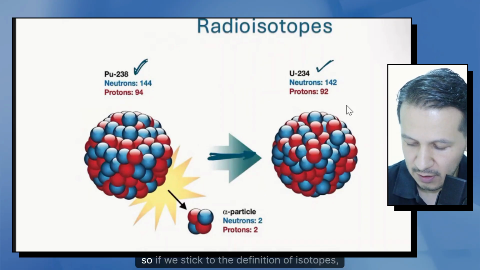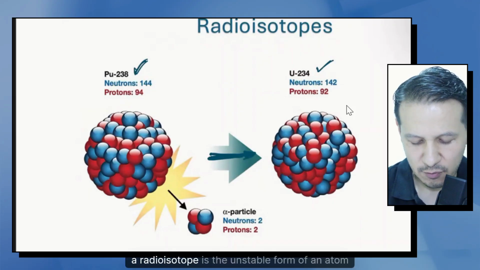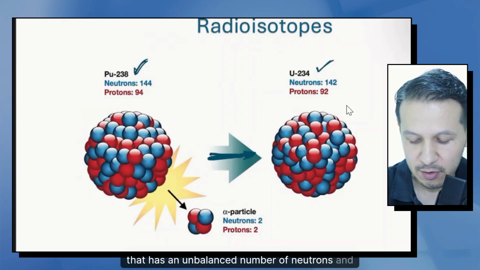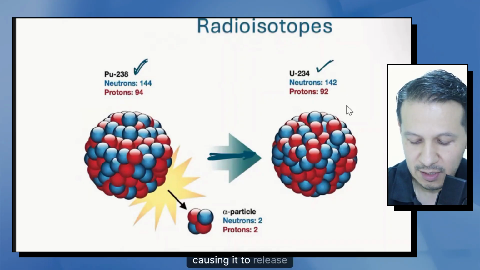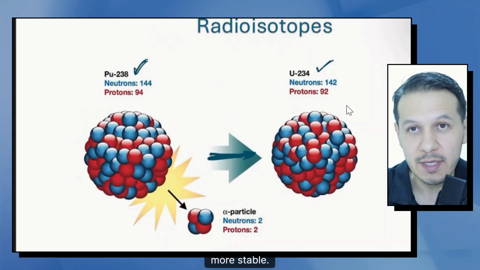So if we stick to the definition, a radioisotope is the unstable form of an atom that has an unbalanced number of neutrons and protons in its nucleus, causing it to release energy in the form of radiation to become more stable.